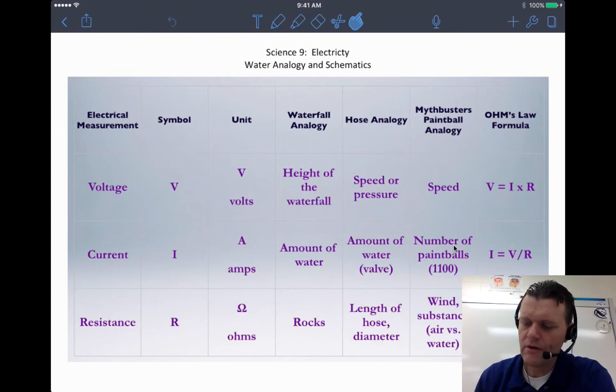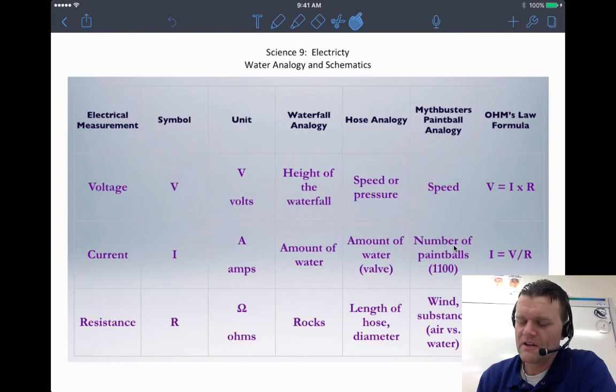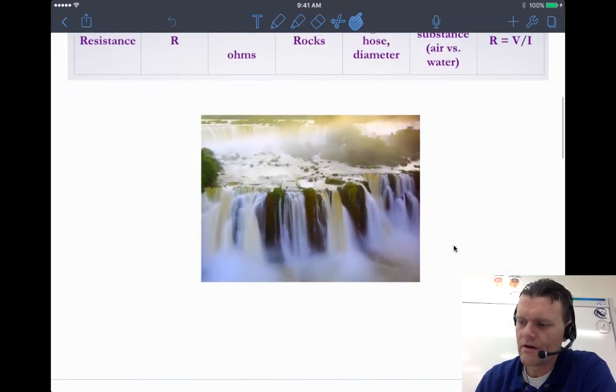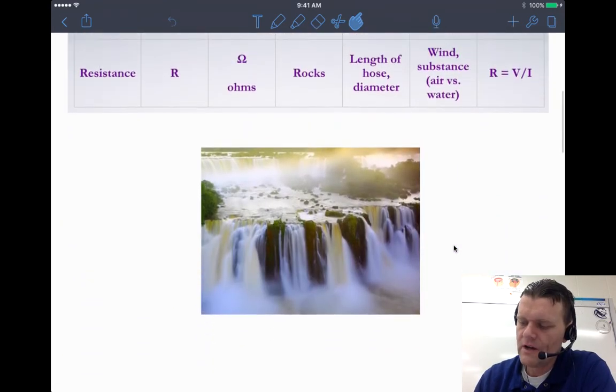What we need to know about electricity is that it acts a lot like water. When we think of a river of water, or even a waterfall, I've got a picture of that here. The idea is that voltage is analogous to the height of the waterfall.